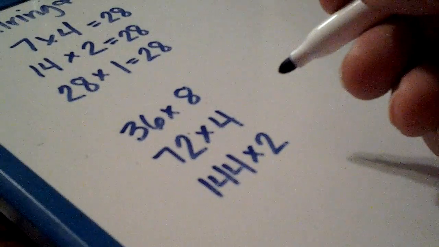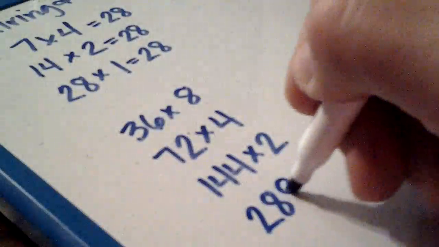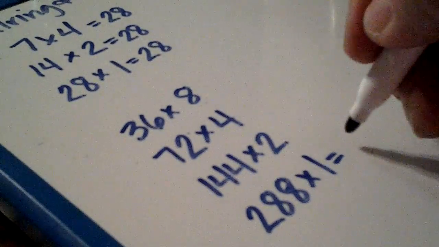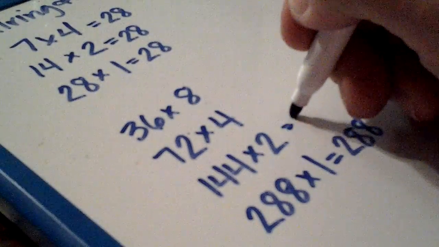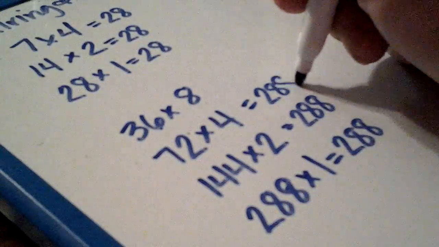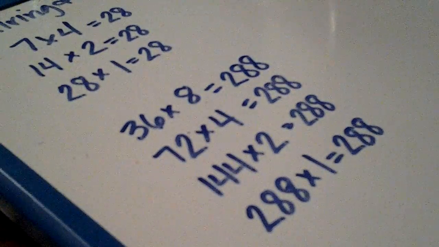And then doubling 144, that leaves me with 288. And half of 2 is 1. So I know that 288 times 1 is 288, as well as the rest of these. With our original problem, 36 times 8 equals 288.